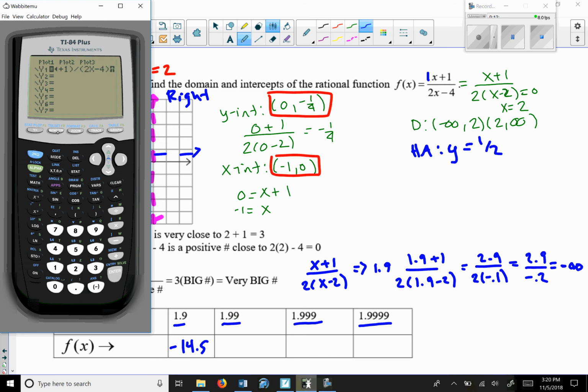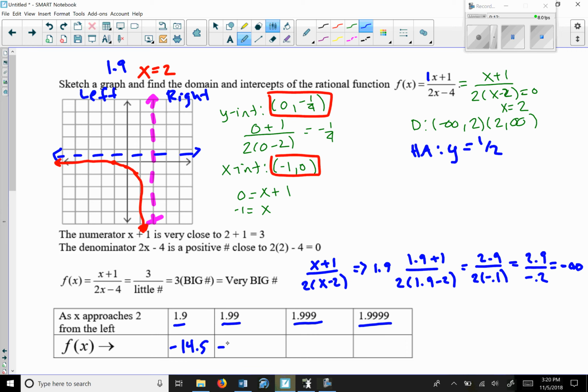And then I'm going to change my table set to ask, so we can ask what we want to get in our table. So 1.9 we just said was negative 14.5. 1.99 is even closer, and if you notice, it gives us negative 149.5.